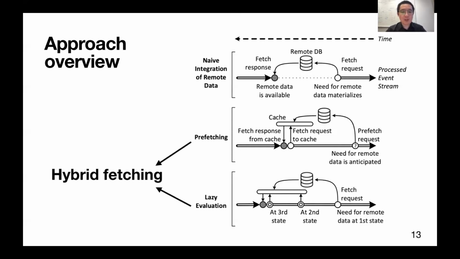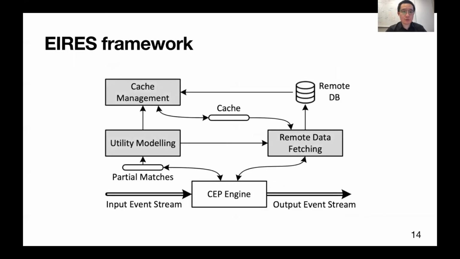To overcome their limitations and combine the strengths, we combine both of them and propose a hybrid fetching. That is, we always perform prefetching. And if the prefetching does not prepare the correct data, we do not stop stream processing, but we perform lazy evaluation. To realize this idea, we propose the EIRES framework that is composed of 3 components. They are utility modeling, remote data fetching, and cache management.